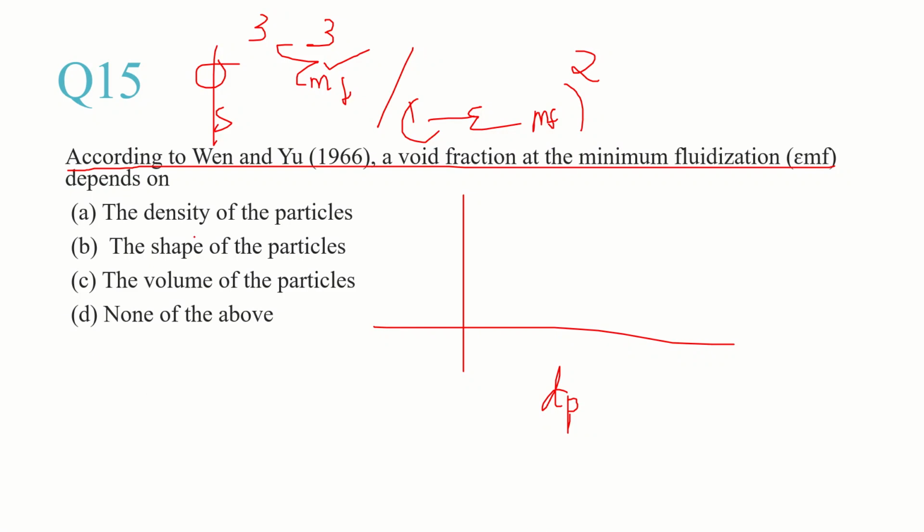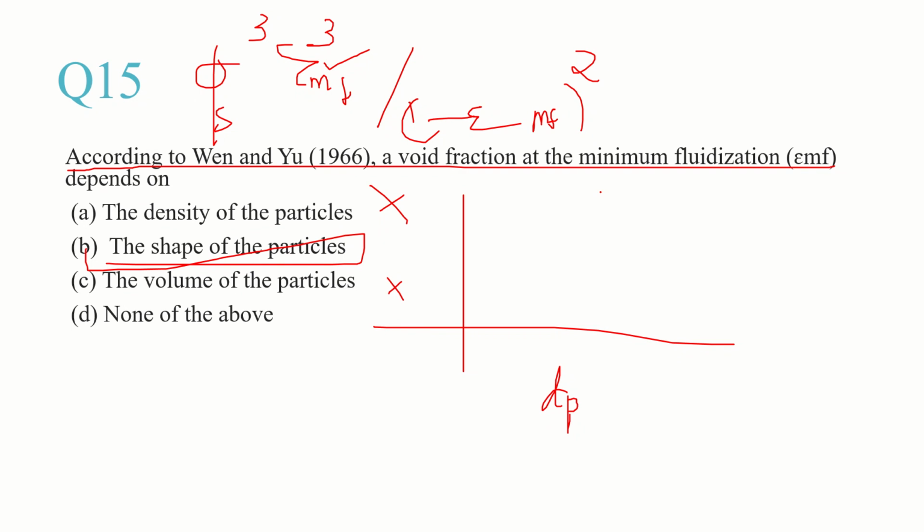So, phi s is the shape of the particles, that is the sphericity of the particles, and the density of the particles and the volume of the particles are not accounted for here. So according to the Wen and Yu correlation, the void fraction calculation depends on the shape of the particles and not on density or the volume.